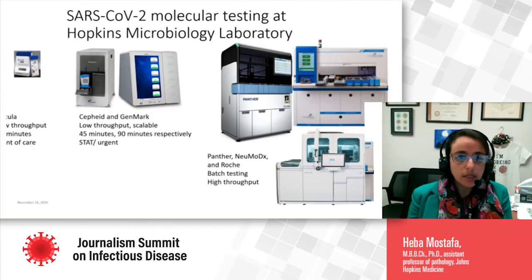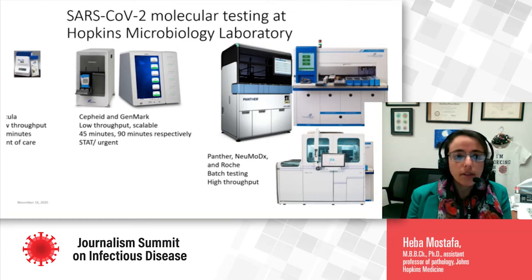Here you can see some of the methodologies, as Dr. Carol showed in her slides, that we use here in the lab at Hopkins. You can see that we have options that we implemented as point-of-care testing, which is on the far right, which is the Aquila.